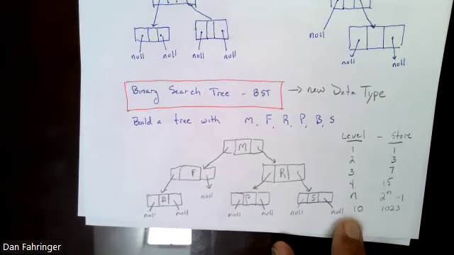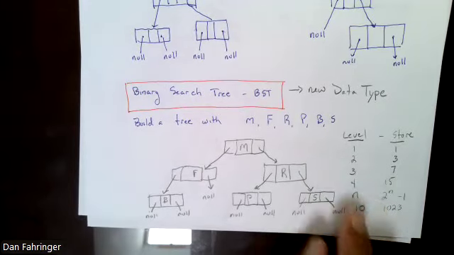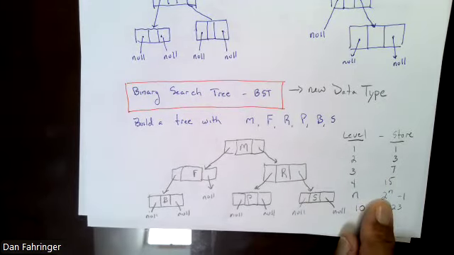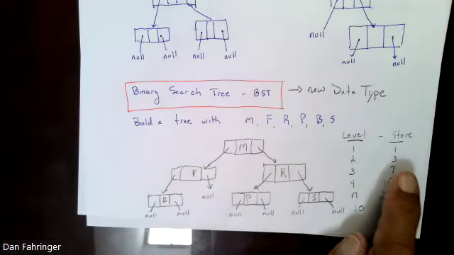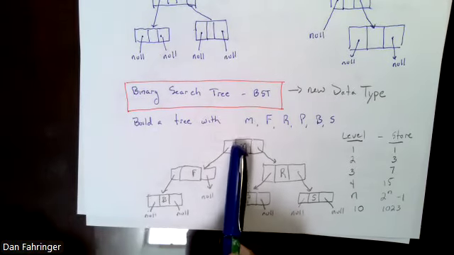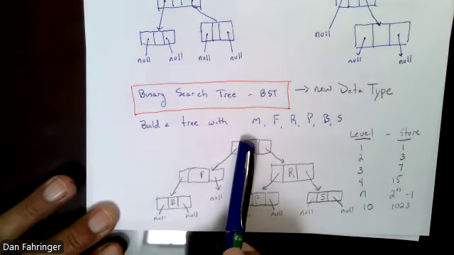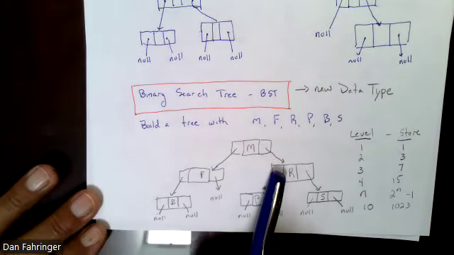But in level 2, where's the 3 in the picture? It's the total number of values we can store. In the first level, we can store 1. In 2 levels, we can store a total of 3 values.